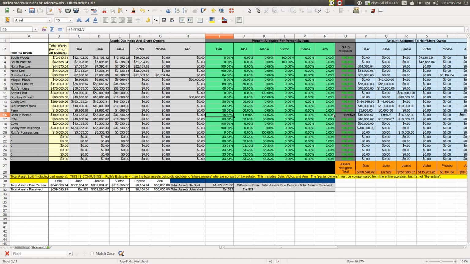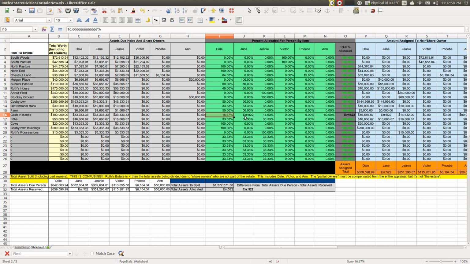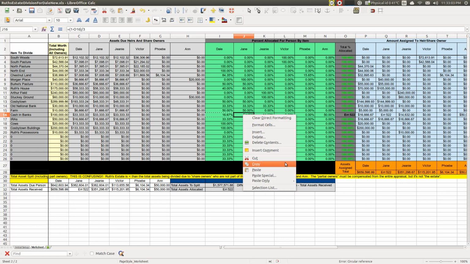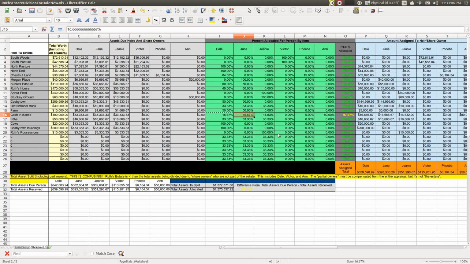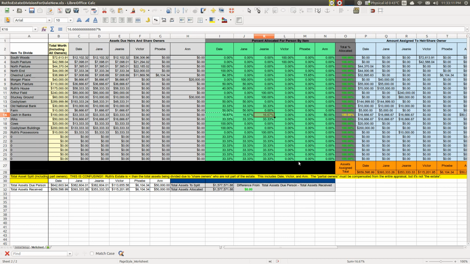We can't copy it across. But what you can do, because all these have, is paste only number. Come in here and paste only number. And see, again, since this is a prime, it didn't come out exactly 100%, but it was close enough.